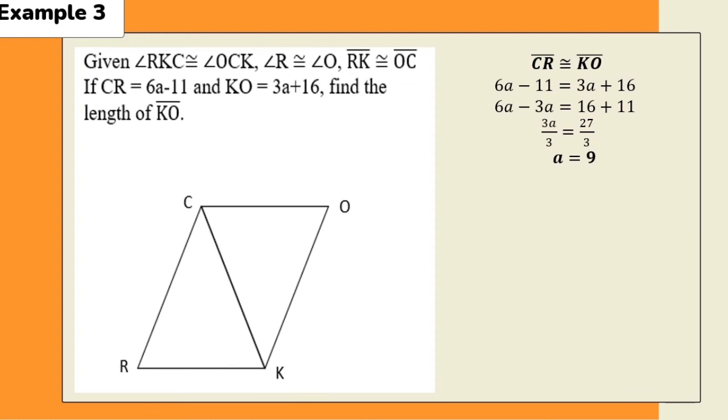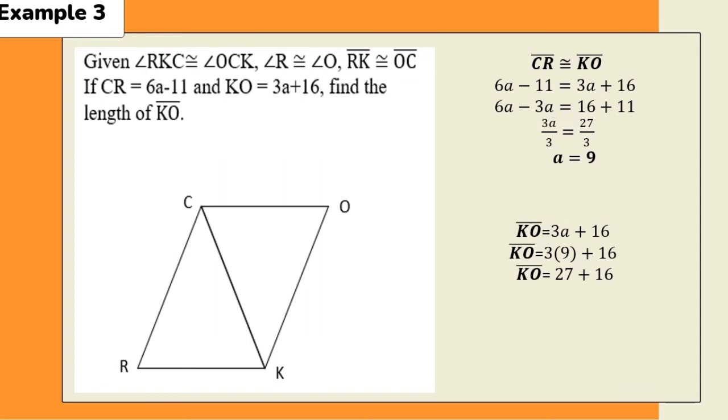And then, by multiplication property, we divide both sides by 3. Then, A is equal to 9. Now, segment KO equals 3A plus 16. We substitute the value of A to get the value of KO.